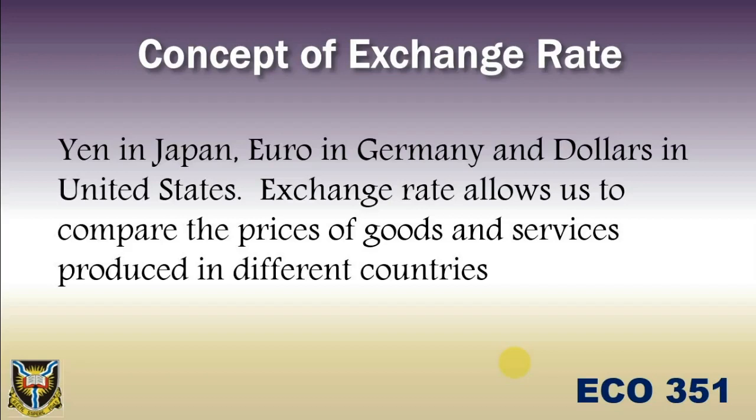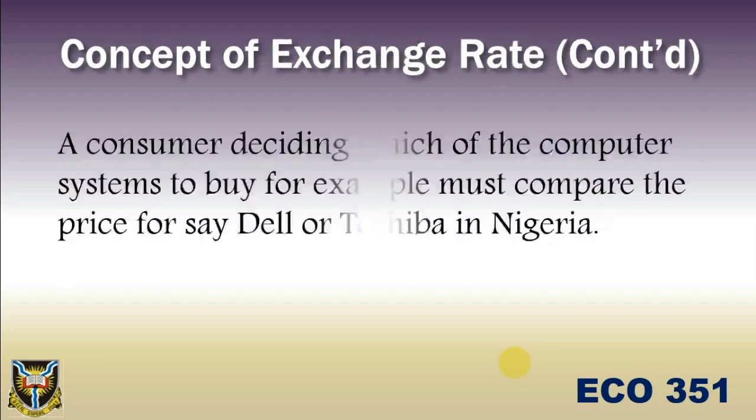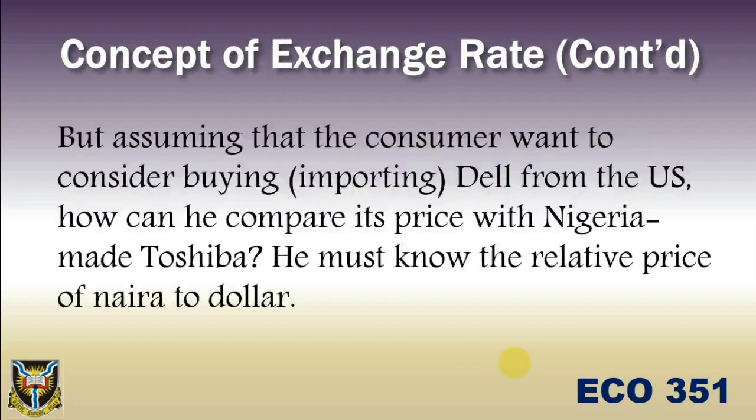Exchange rate allows us to compare the prices of goods and services produced in different countries. A consumer deciding which computer system to buy, for example, must compare the price for, say, Dell or Toshiba in Nigeria. But assuming that the consumer wants to consider buying Dell from the United States, how can he compare its price with Nigerian-made Toshiba?